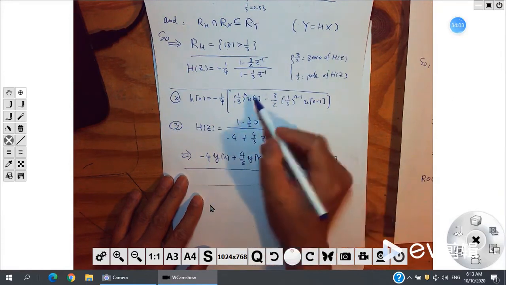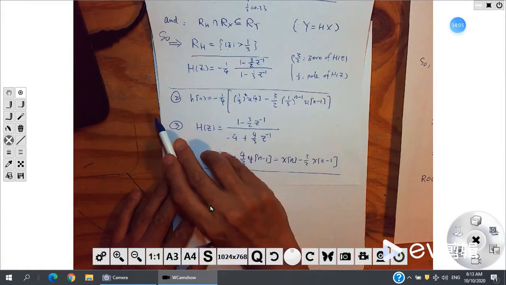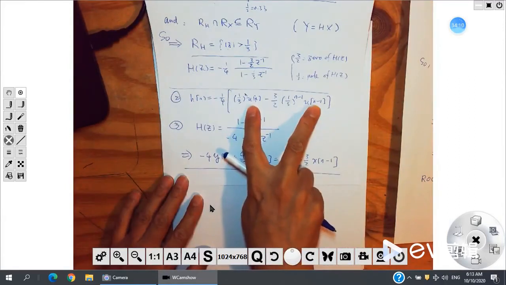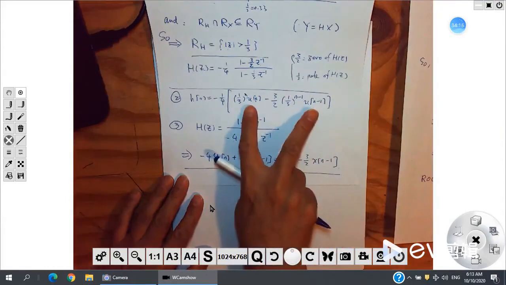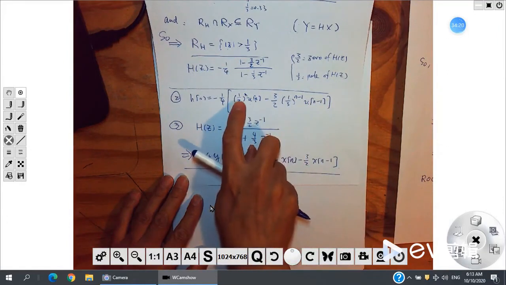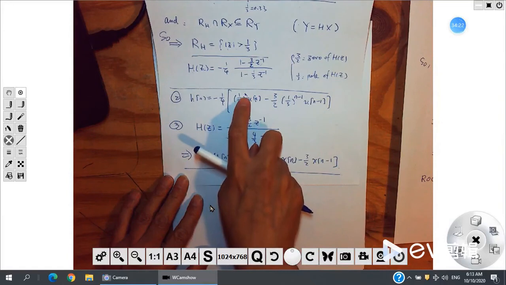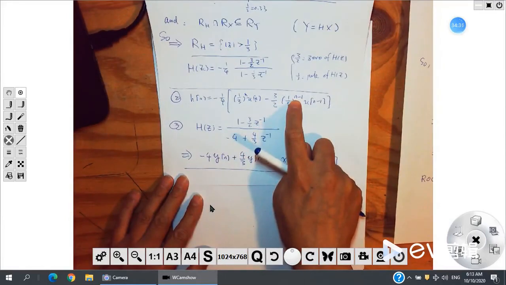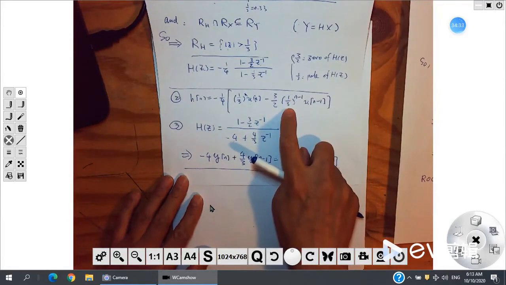Then you check n on the negative side: if n is -1, -2, both should be 0. And when n goes to the positive side, to large n, you see (1/3) to the power n will tend to 0. And this is similar: 1/3 to a large power tends to be smaller, tends to be 0.